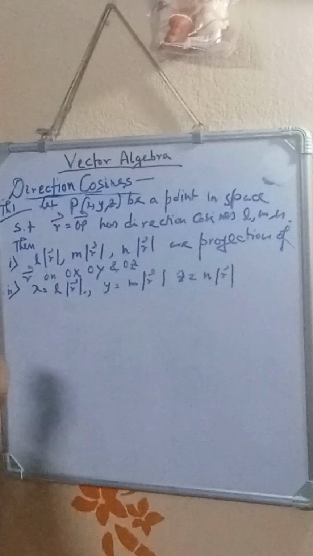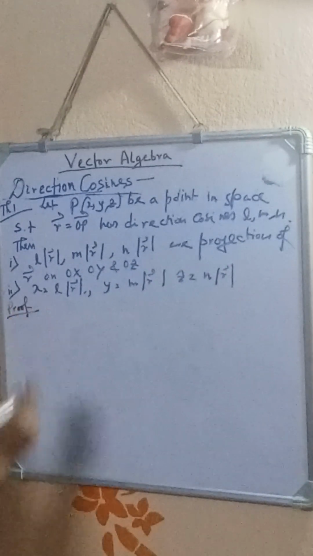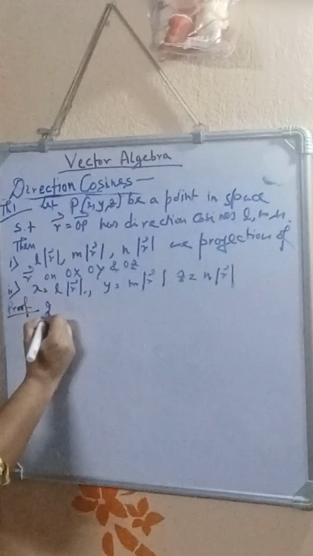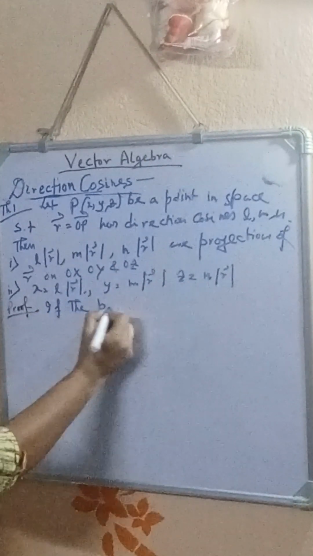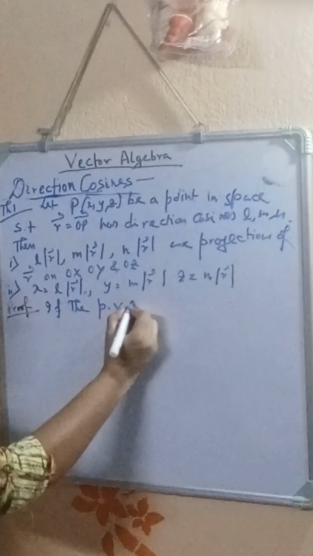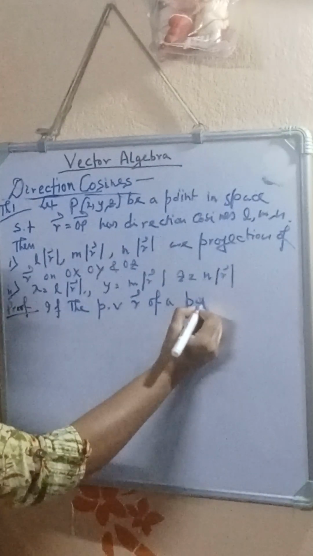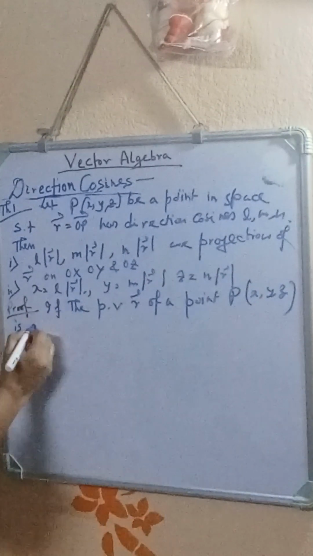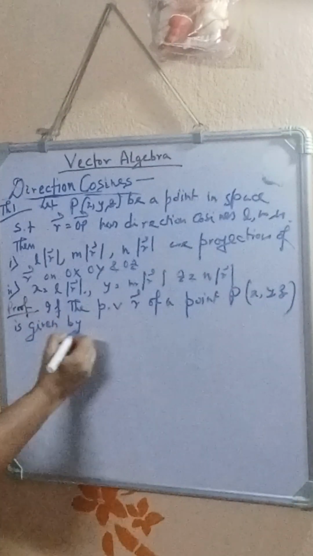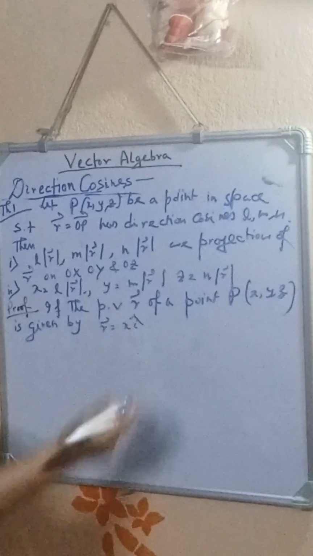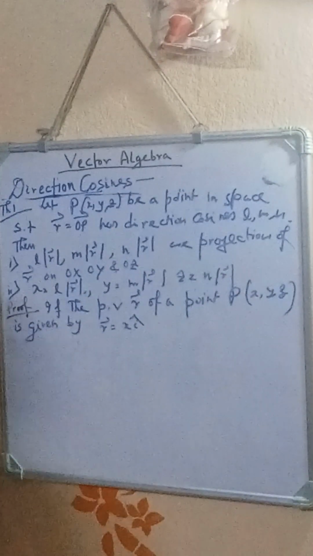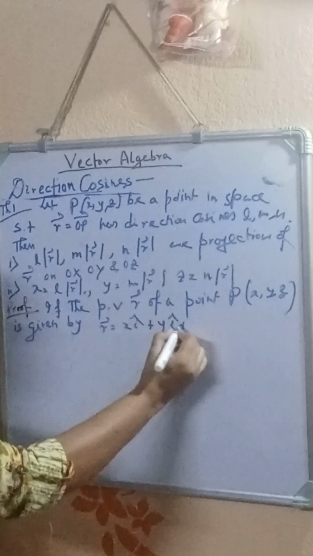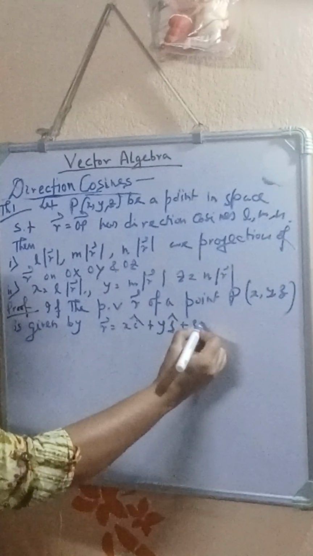Proof. If the position vector r of a point P(x, y, z) is given by r vector equal to x i cap plus y j cap plus z k cap, where i cap is the unit vector along OX, j cap the unit vector along OY, and k cap the unit vector along OZ.